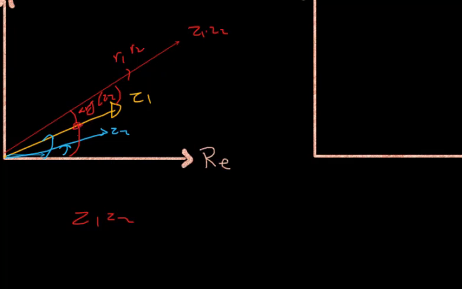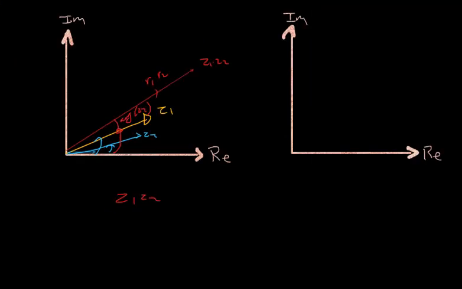When we combine, this is the argument of z1 plus the argument of z2, whose magnitude is r1 r2.